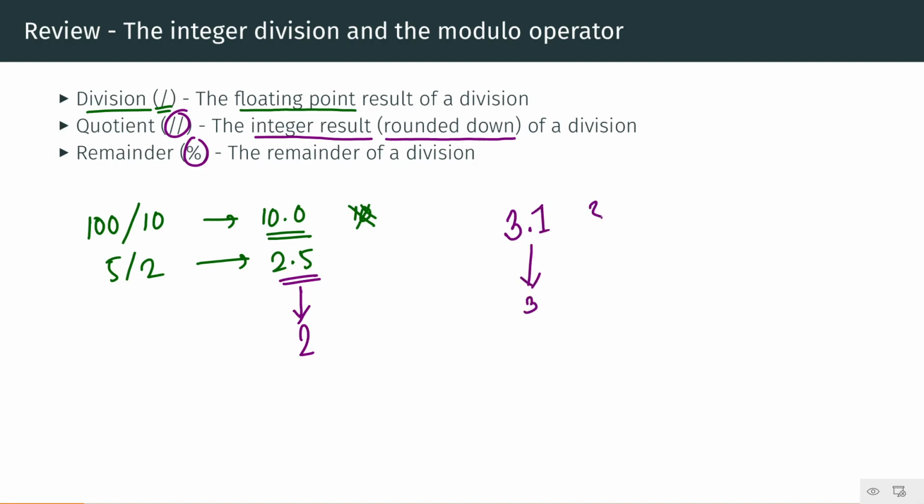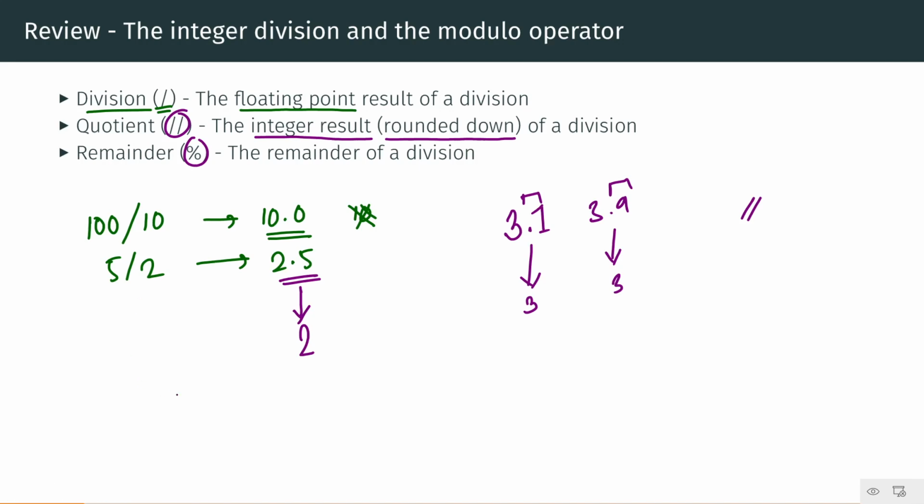If you round down 3.9, you'll also get 3. So essentially you just ignore the part after the decimal. Now that's the rounded down version of a division. The quotient operator, which is the two slashes, gives you the integer result of division which is rounded down to the nearest integer.